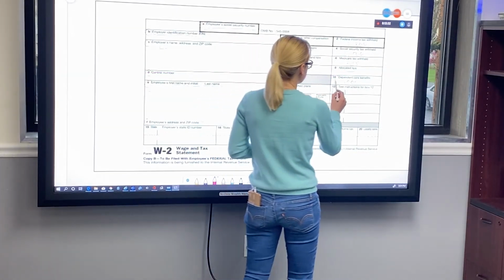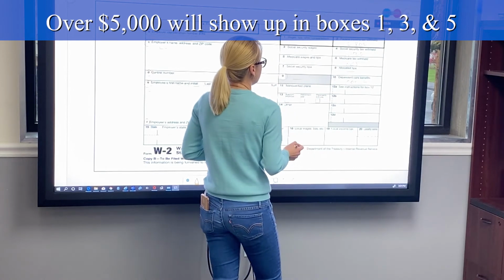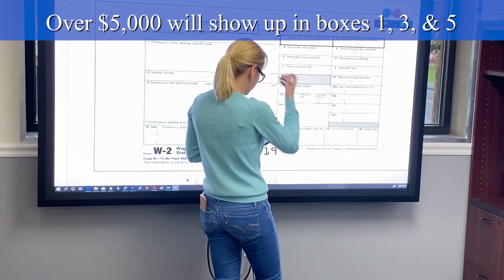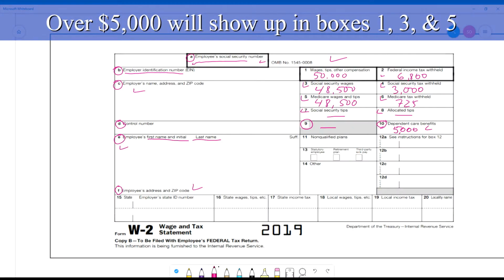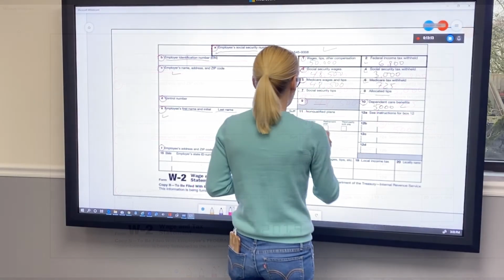If the amount on box number 10 exceeds the $5,000, then the amount over $5,000 will be included in box number 1, box number 3, and box number 5. The important part is that if it's over $5,000, it will be reflected in these 3.